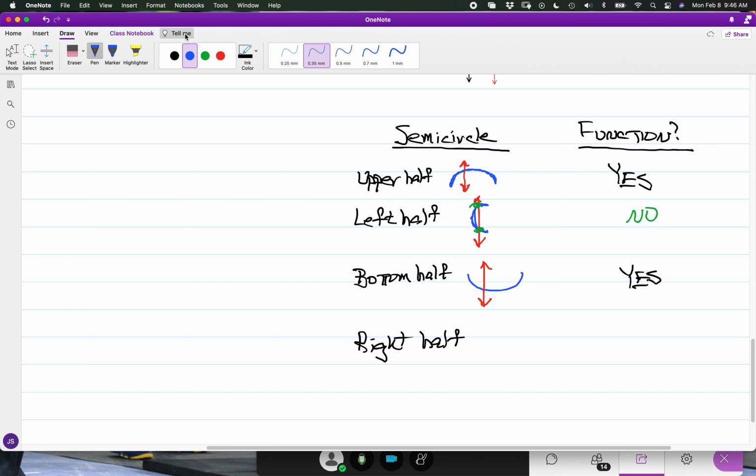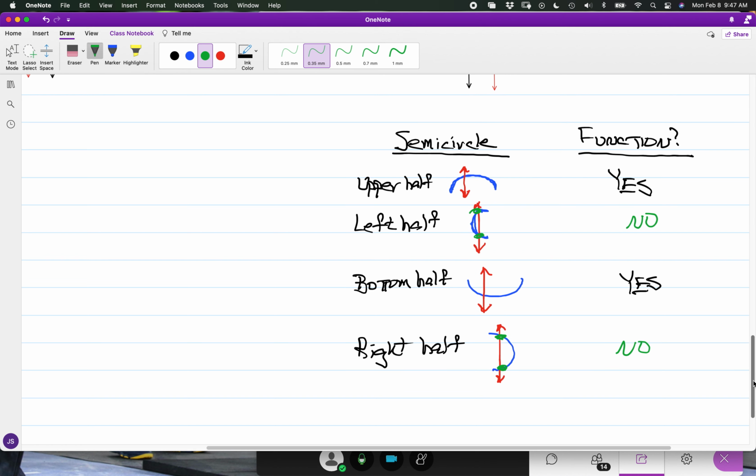In the case of the right half of a circle, if I ran a vertical line through it, you would have the same x values with intersection at 2 points between the right-half semicircle and a vertical line. So again, this does not turn out to be a function.